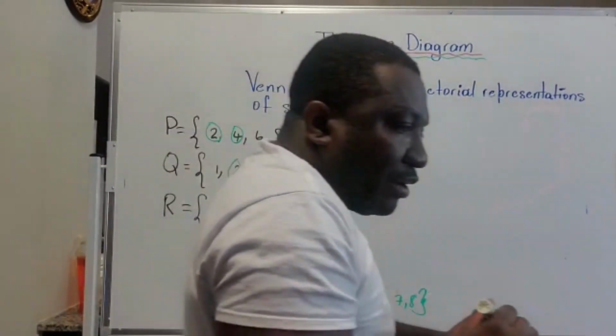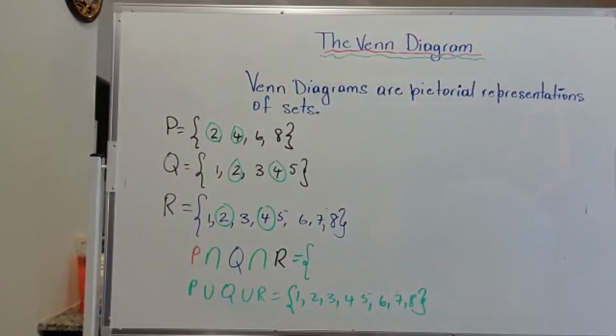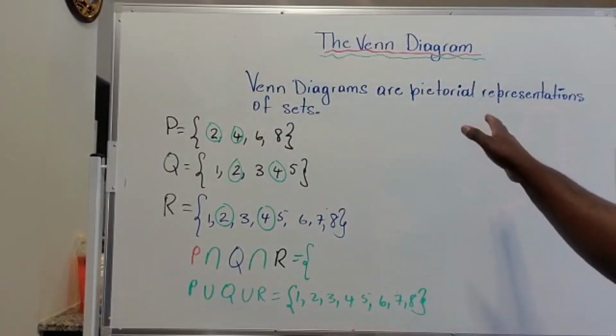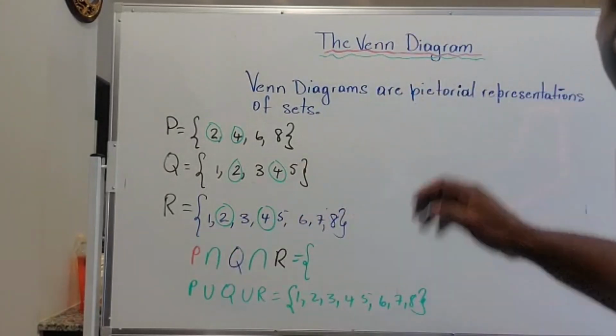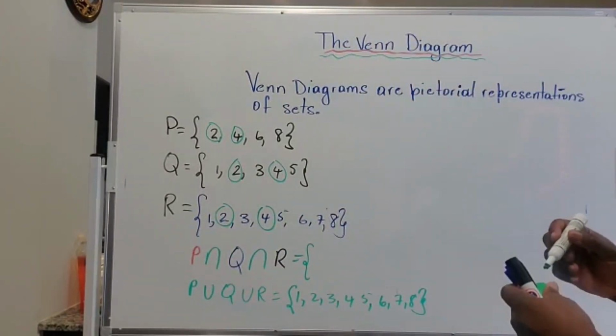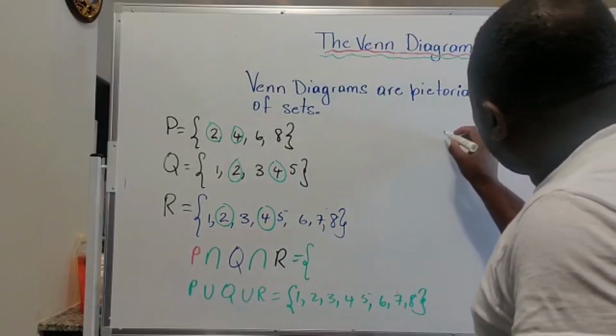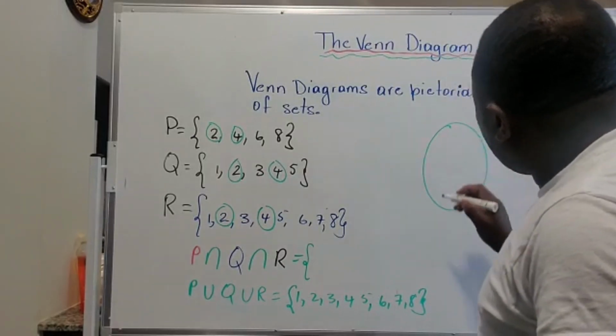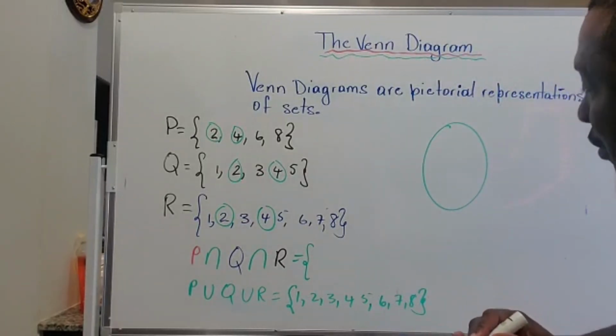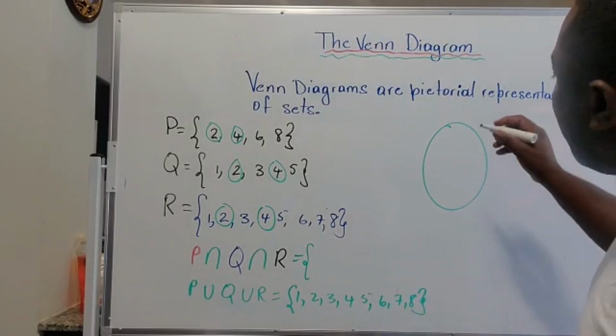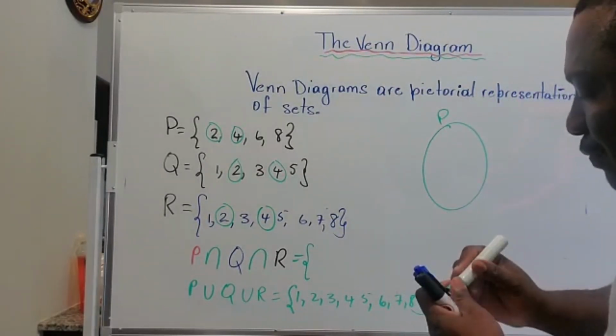So that's the union. Now, we want to represent our pictorial representation of what we have on the chartboard. Hence, we'll have 3 circles. So I'll call this one P.